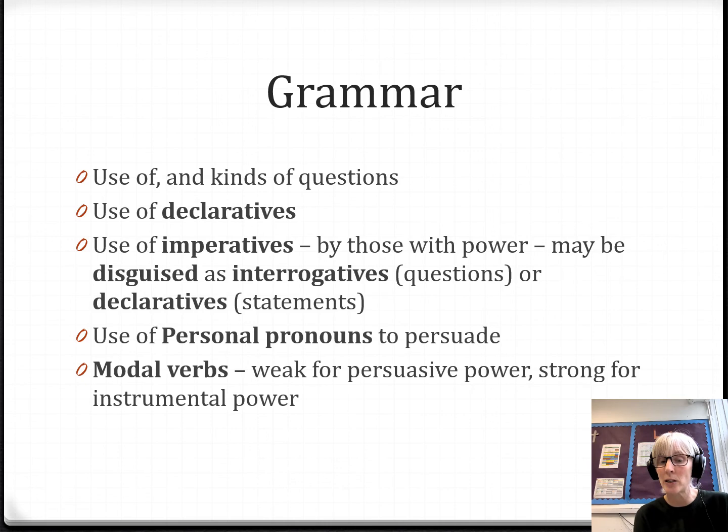And we've already mentioned the idea of modal verbs. They're weak for persuasive power, but they could be strong if someone has instrumental power. So, for example, when we looked at the exam board's warnings to students outside exams, they will use words like must, should, will. Yeah, really strong modal verbs to show they have the power.